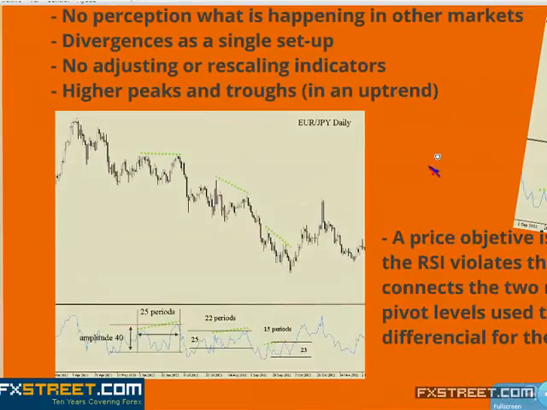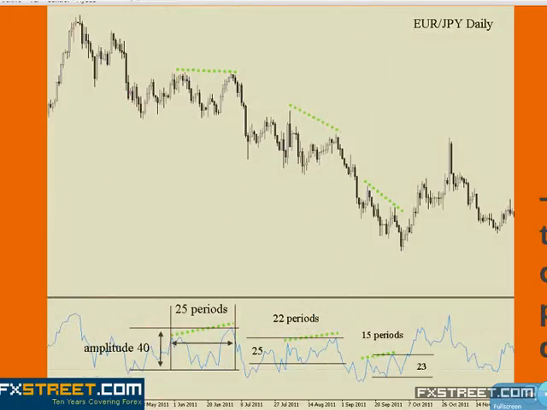The fourth point, higher peaks and troughs, and for that we want to have a look at this chart here. This is the daily Euro Yen, and as we see, we have here three hidden divergences with higher highs in the oscillator, higher overbought conditions, so to say, and lower lows in price.